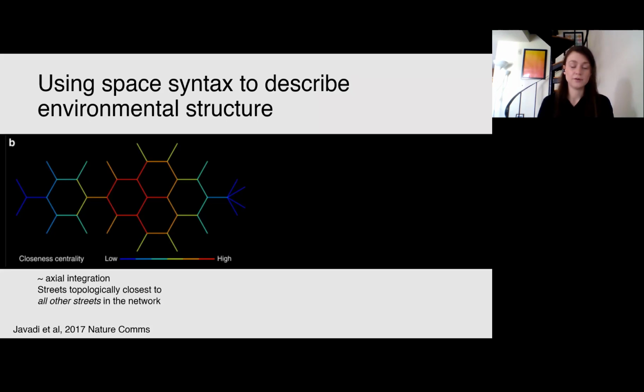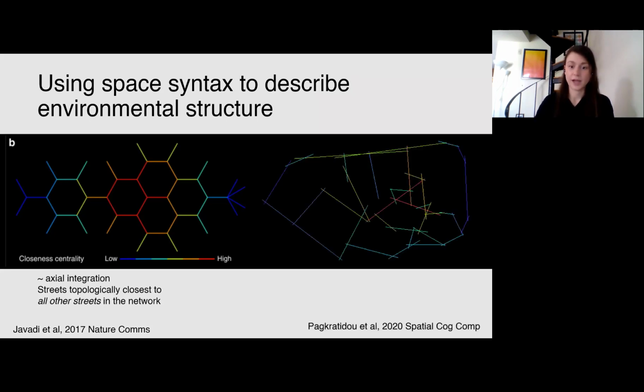And so there actually are already space syntax measures on virtual Silcton that were reported by Pagkratidou and colleagues, and you can see this sort of center-to-surround organization in virtual Silcton.